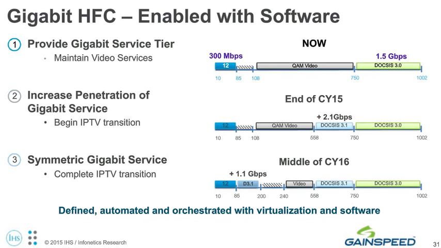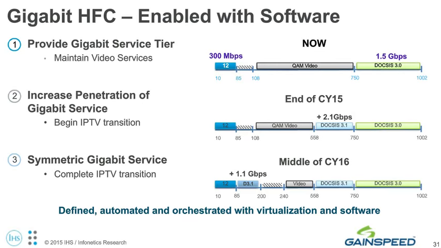We have the capabilities today to do what we call a gigabit HFC, all enabled with software, because each and every one of these transitions is software driven and software enabled. There is no discrete new piece of hardware that you need to put out there. There's no discrete piece of silicon that we need to build for it. It's leveraging software to enable these transitions as you transition your service mix. So a lot of flexibility, very easy for you to do that.